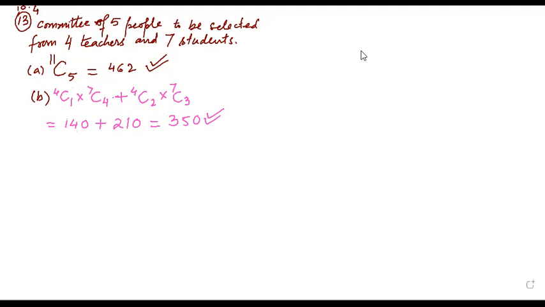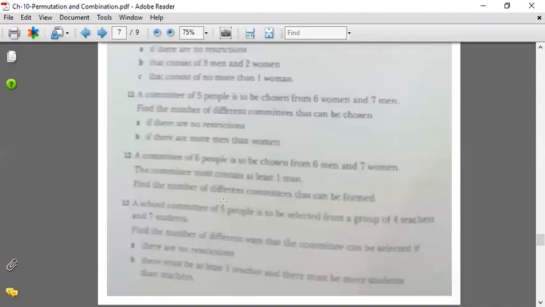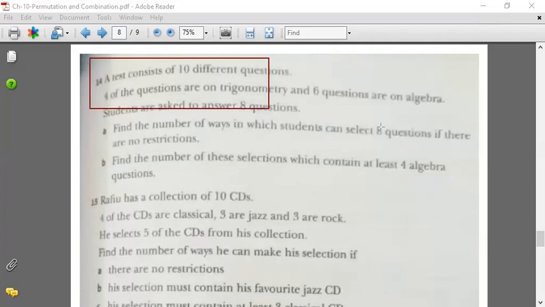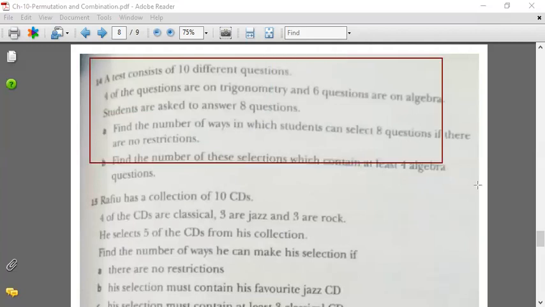Now we go for question number 14. So what is question number 14? I'll show you. Question number 14 is here.